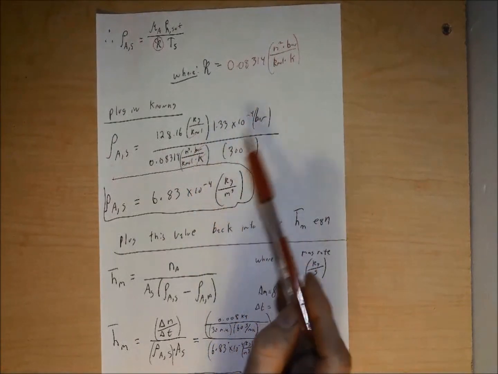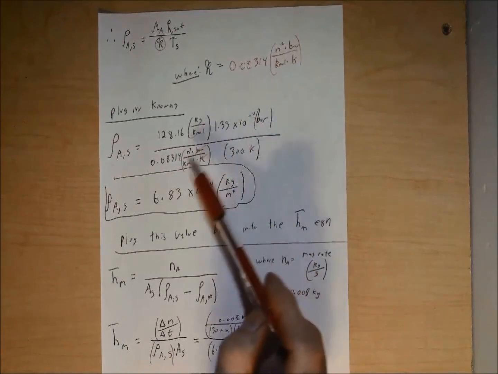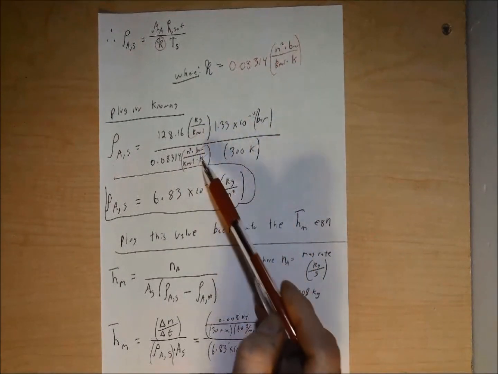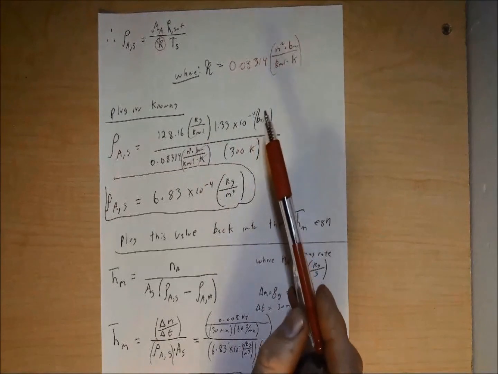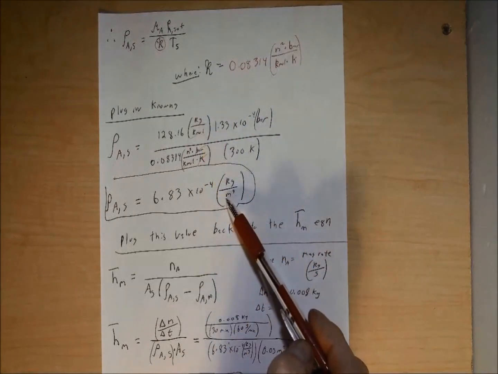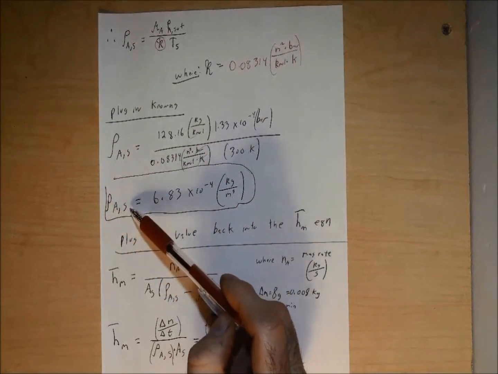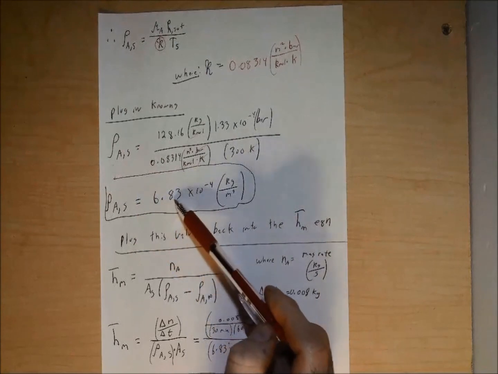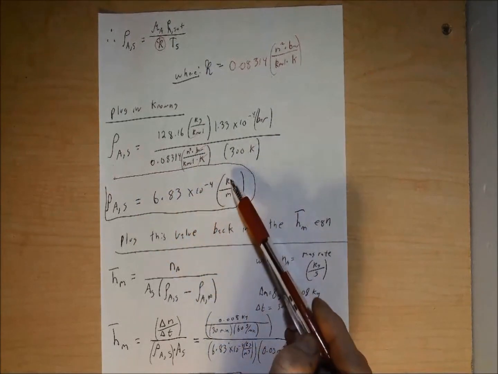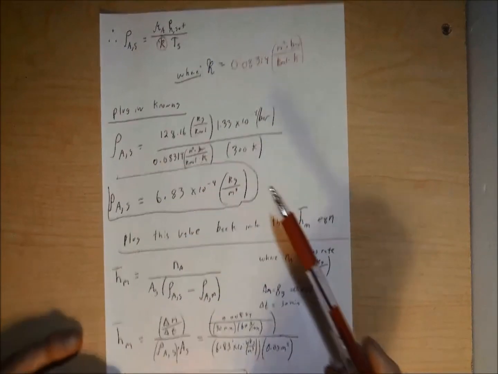So we can do some unit analysis. Our bars and bars, kilomoles and kilomoles, Kelvins and Kelvins cancel out, and what it leaves us in is kilograms per meter cubed, which is exactly what you expect for this density. So we plug this in, and density A comma S is equal to 6.83 times 10 to the negative 4th kilograms per meter cubed.